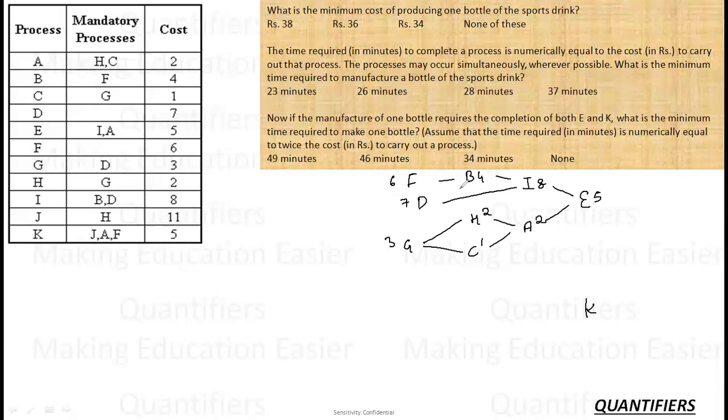So 6, 7, 13, 4, 17, 8, 25, 5, 30, 34, 35, 38. So the total cost incurred here is 38 rupees.